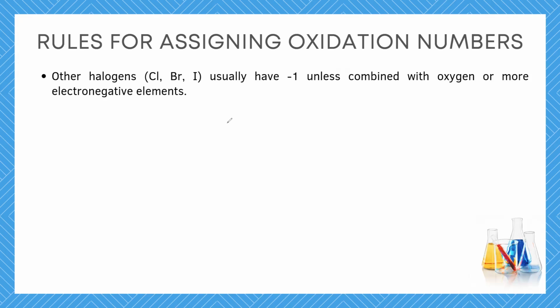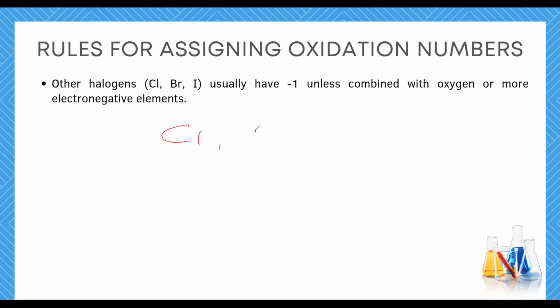And then next we say other halogens usually have minus 1, unless they are combined with oxygen or other electronegative elements. So if you see elements like chlorine, bromine, or iodine in a compound, the oxidation numbers are usually minus 1 unless they are combined with oxygen or more electronegative elements.